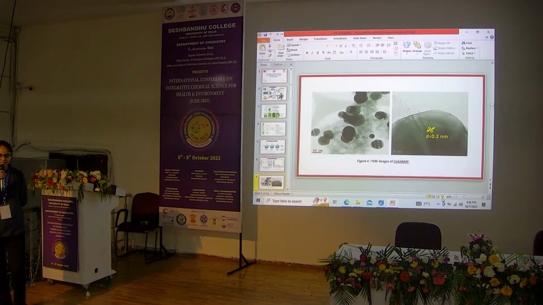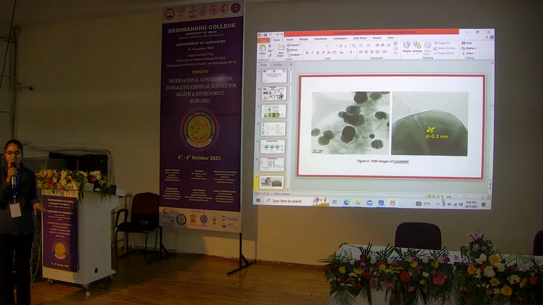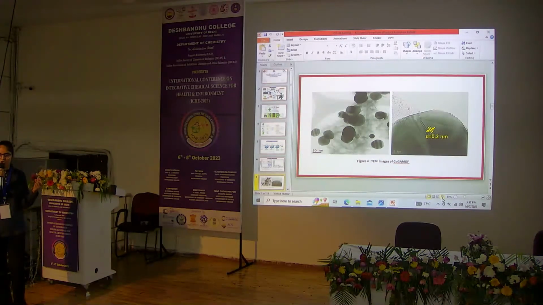How did you analyze this portion? By ImageJ software, sir. This distance is measured by the software, and this is the interplanar distance, sir.